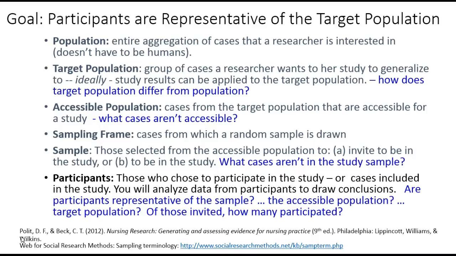What were those sampling methods? And then pay attention to how many people participated in that study, if it was a study in which people had a choice. And that will start giving you some insights into sampling, the different kinds of sampling methods, and you should start thinking about whether those were methods that you think would generate an unbiased sample, and a sample that would represent the target population.